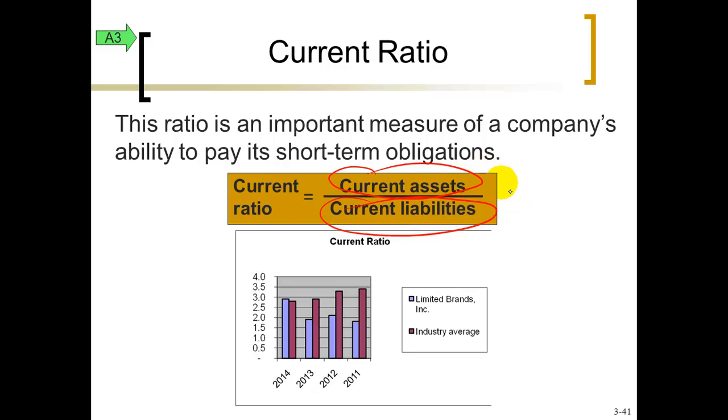Both are subtotals on the balance sheet, and a good current ratio is something like $2 of current assets for every $1 of current liability, or we say 2 to 1. So generally, not always the case, this would be a good current ratio.